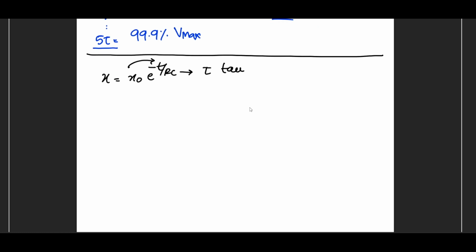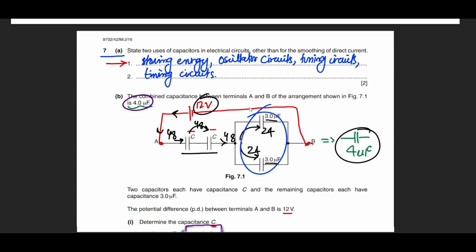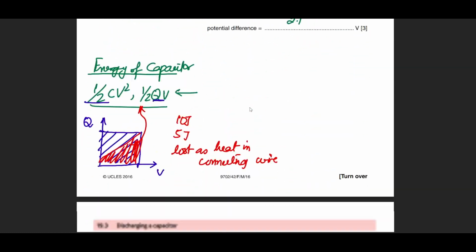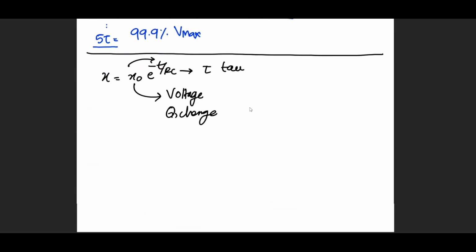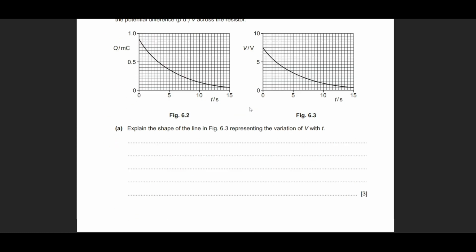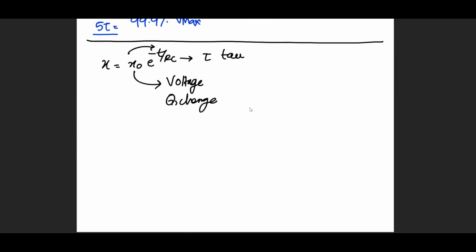So what is going to be represented by x? x will be voltage, so this is a voltage equation. It could be for charge, Q, and according to the syllabus it could be the current as well.